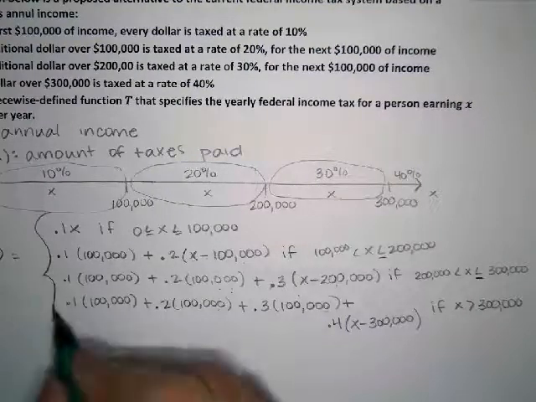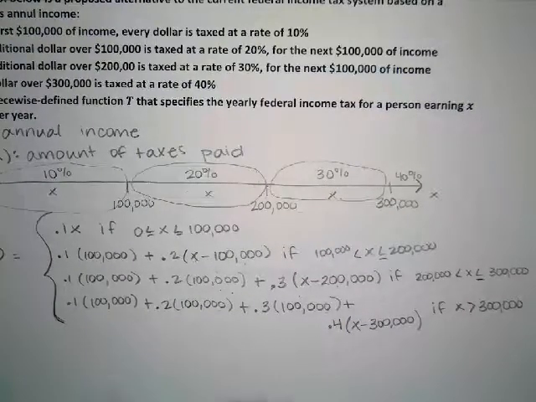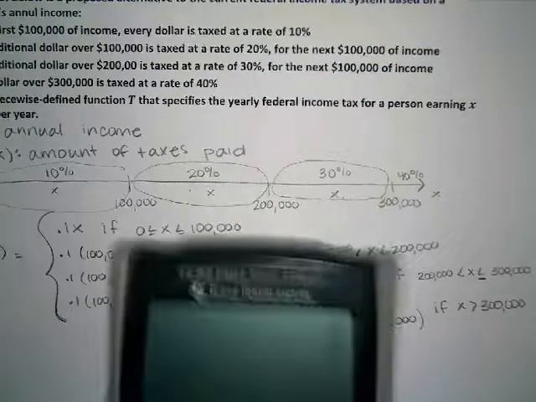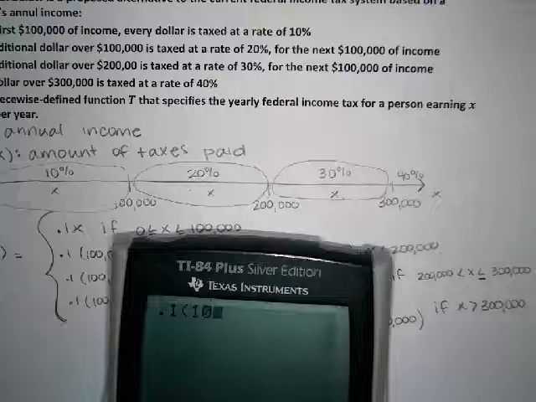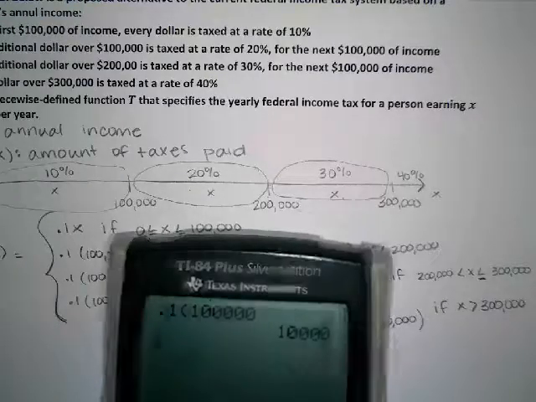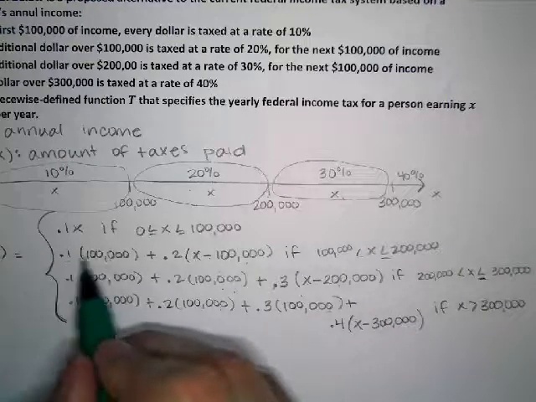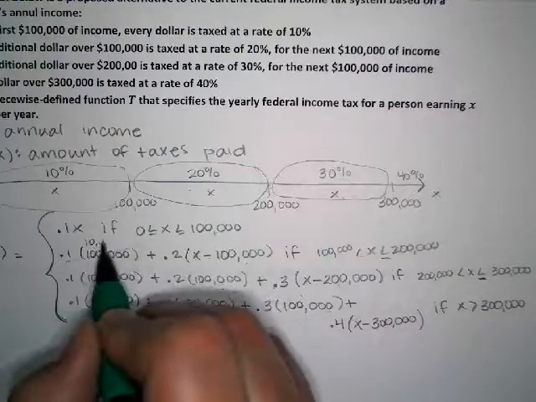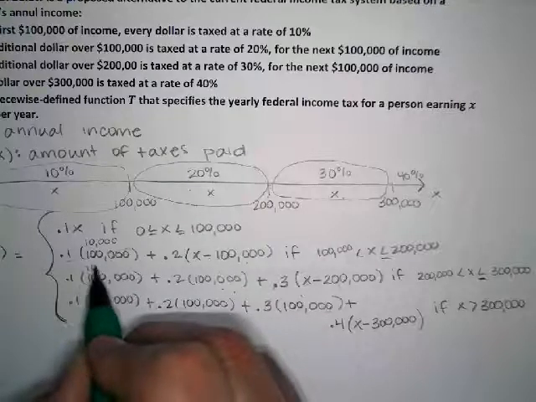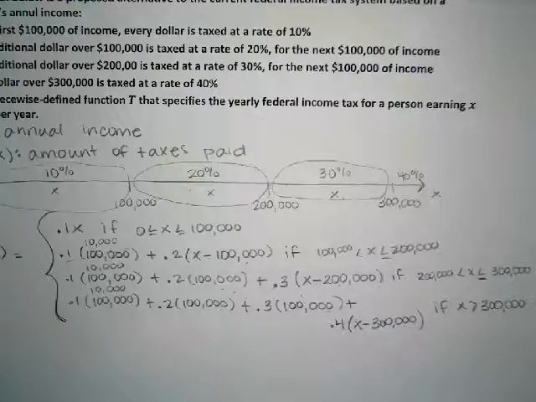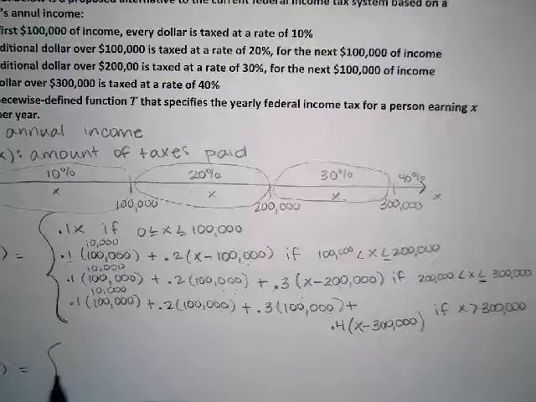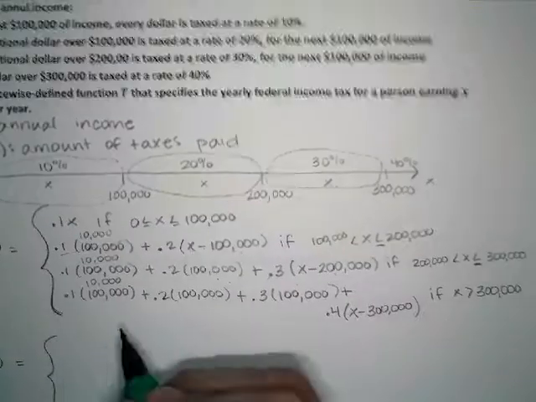So let's clean this up a little bit. We got 0.1 times 100,000, which is 10,000. So this number right here, this is 10,000. We have our first line, we don't have to clean up at all.